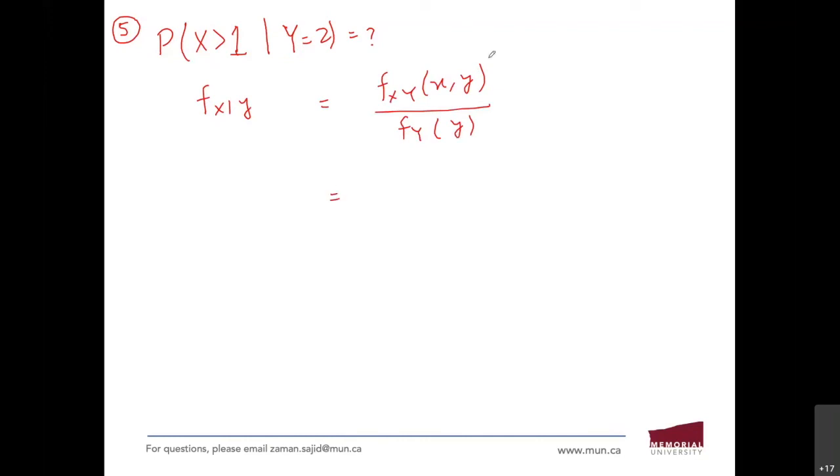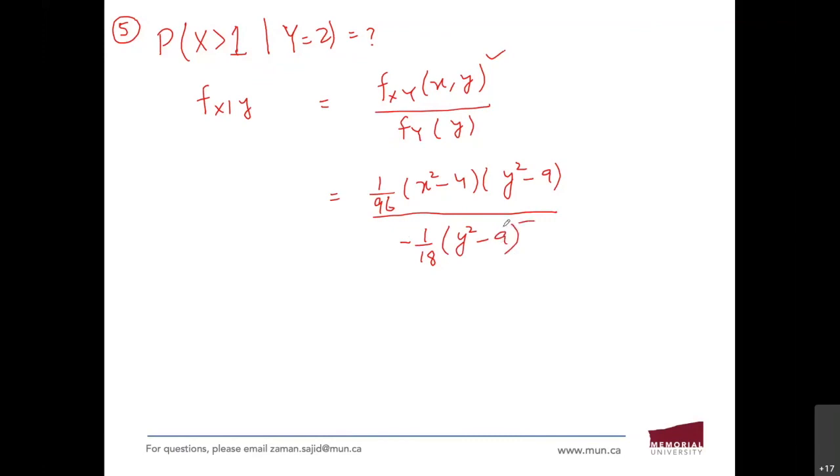The joint we know from our question statement, which is 1 over 96 times (x square minus 4) times (y square minus 9). And this is the marginal probability of y, which we found in part 3, I believe. So this one is minus 1 over 18 of (y square minus 9).